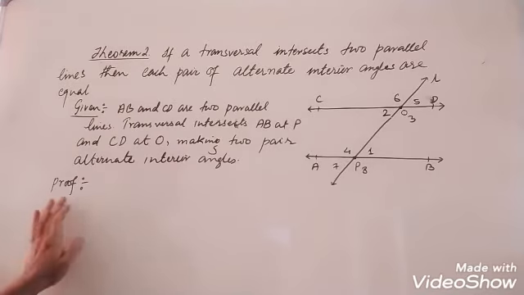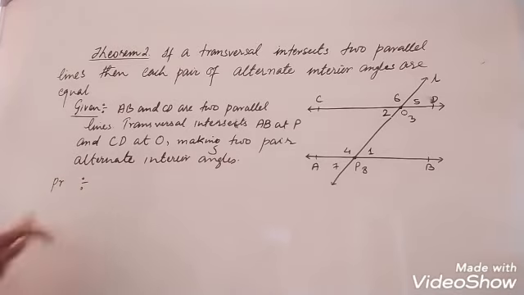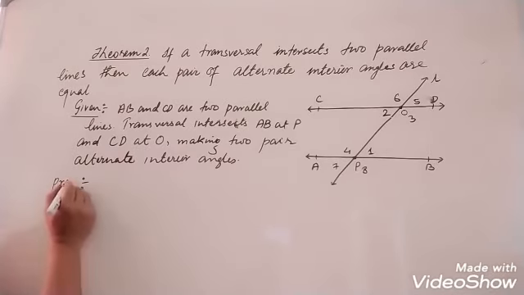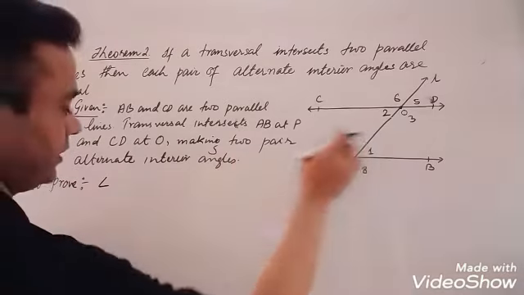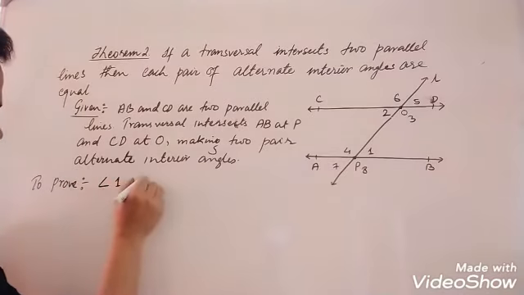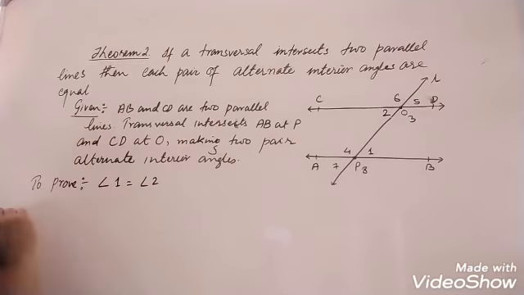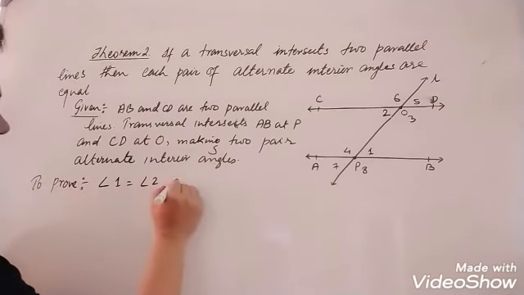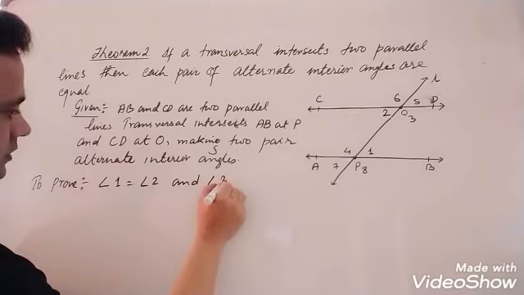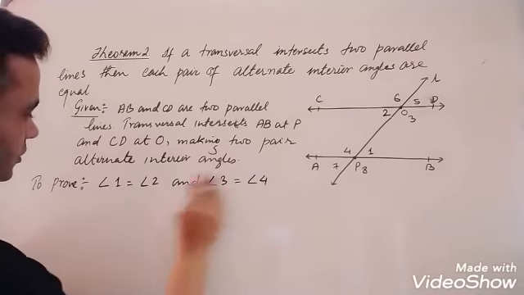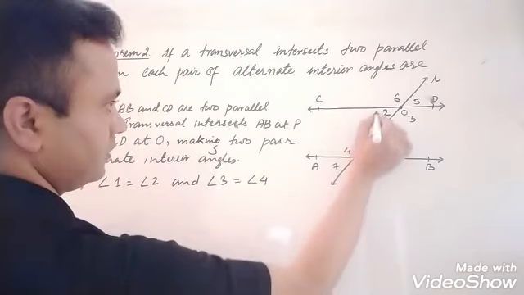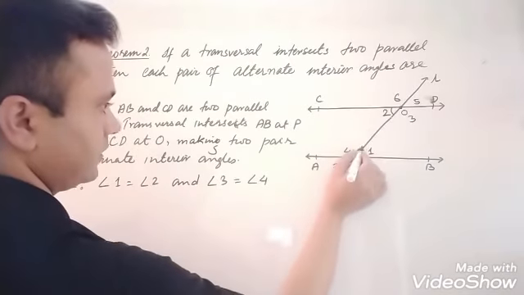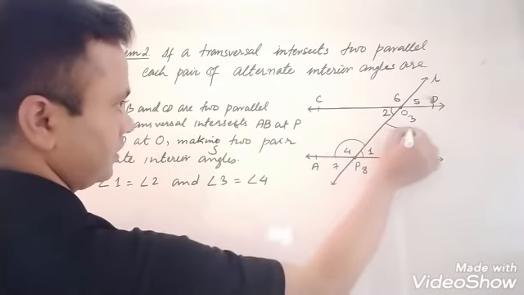So in the proof, we need to prove angle 1 equals angle 2, and angle 3 equals angle 4. We need to prove these things.